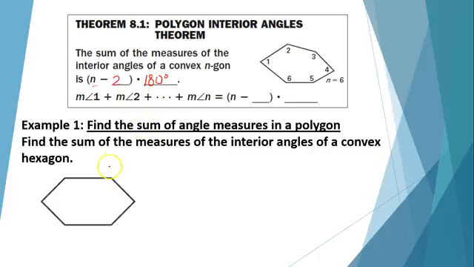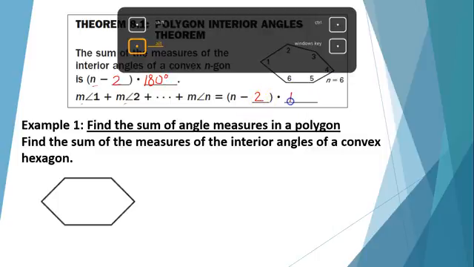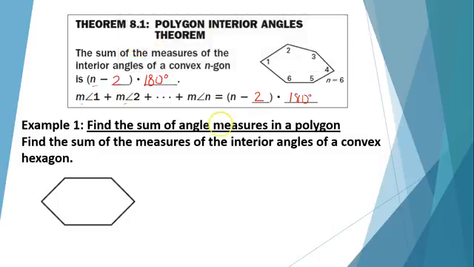And that's how you find the sum total of your angle measures inside a polygon. So this is just the statement here: measures of angle 1, 2, and so on, all the way down to however many angles or sides that you have. And then subtract 2 and multiply it by 180 degrees, and you've got the sum total.